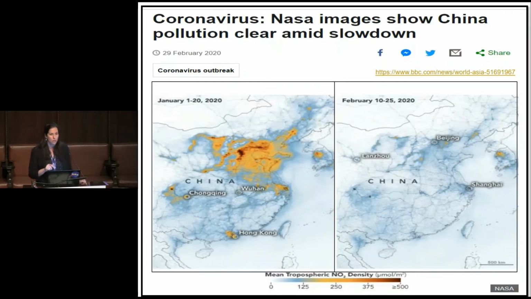But this year, due to the coronavirus, the maps are remaining clean. NASA is continuing to follow this, and due to the lockdown and no factories and no transportation, the coronavirus is out there, but at least they're breathing much cleaner air. I don't know what the cardiovascular mortality rate is now, but maybe that's worth checking.